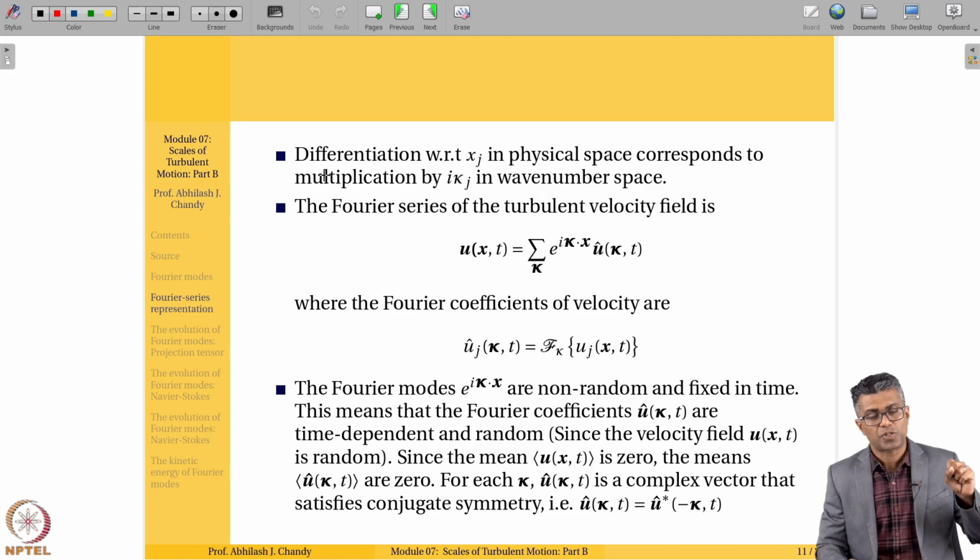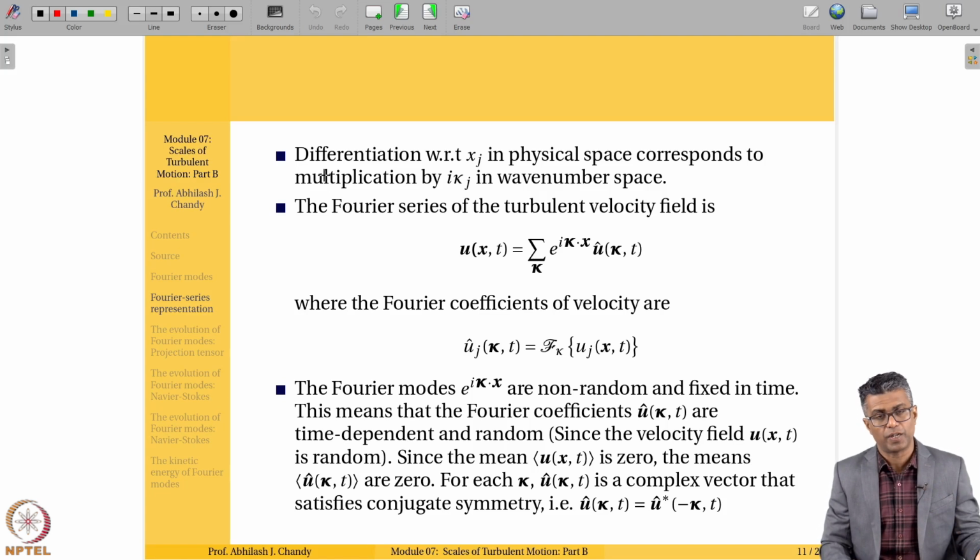Now, instead of considering arbitrary functions like g of x, let's consider the turbulent velocity field itself. So I have u of x,t, which is equal to the inverse Fourier transform of u hat of kappa, isn't it? So that would be the summation over all kappa of e to the i kappa dot x times u hat of kappa comma t.